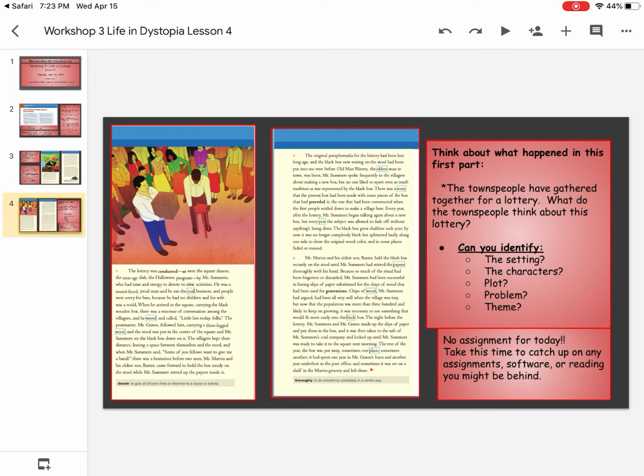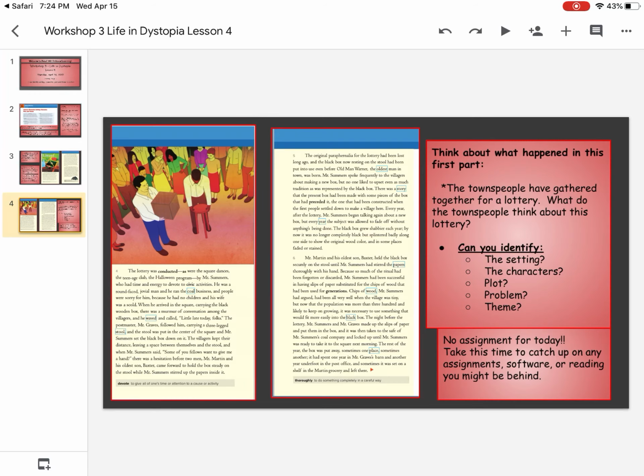The villagers kept their distance, leaving a space between themselves and the stool, and when Mr. Summers said, "Some of you fellows want to give me a hand?" there was a hesitation before two men, Mr. Martin and his oldest son Baxter, came forward to hold the box steady on the stool, while Mr. Summers stirred up the papers inside it.